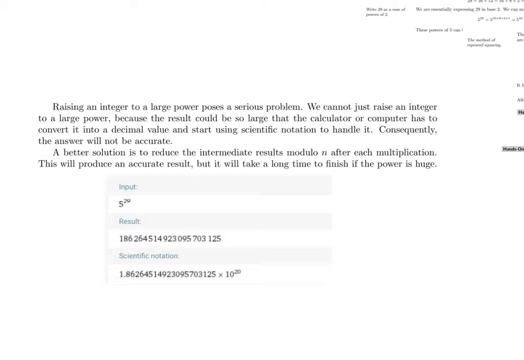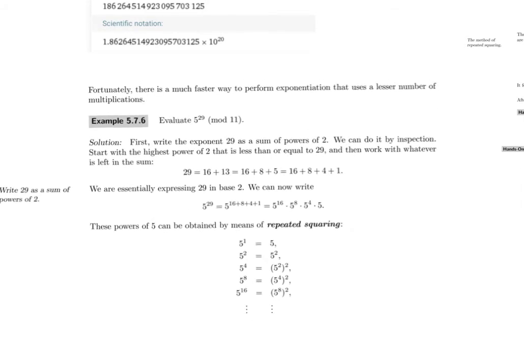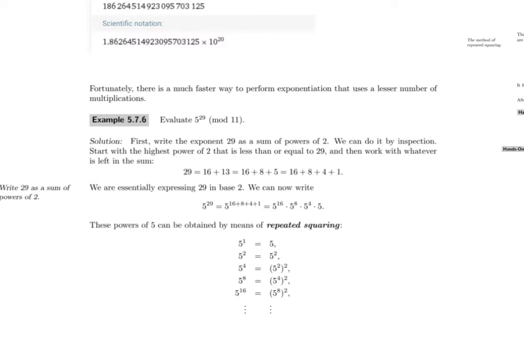And we're going to use this exact example with a specific technique to efficiently and quickly raise an integer to a pretty high power. So our example is going to be 5 to the 29th power mod 11.